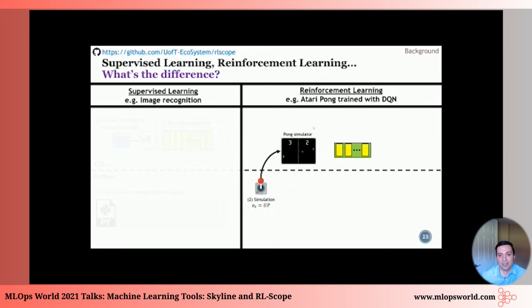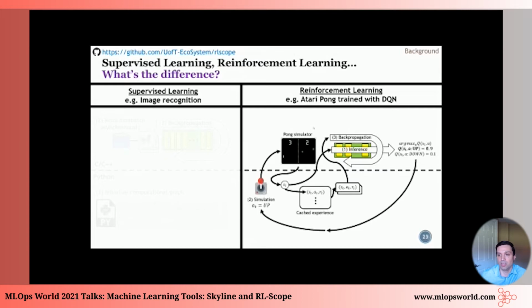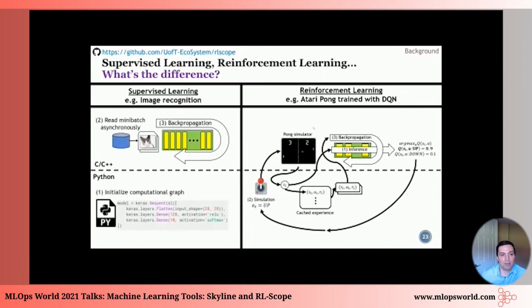And that has to go back to the Pong simulator in C++, and going back again for the cached experience that does something on the Python level, and you have to go back again to the C++ level to do the backpropagation. So as you can see, there is a lot of cross-stack jumping between the Python frontend and C++ that makes it extremely inefficient. And everything is much more efficient in supervised learning.